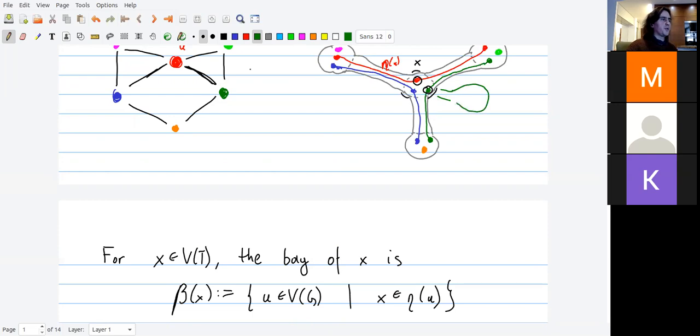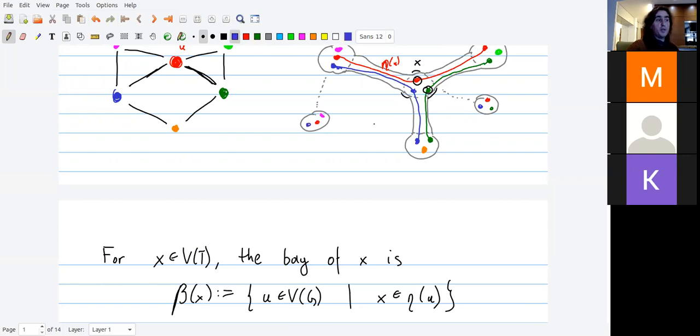For instance, for the central node, the corresponding bag consists of the red vertex, the blue vertex, and the dark green one. And this node corresponds to the bag consisting of the purple vertex, the red vertex, and the blue one.